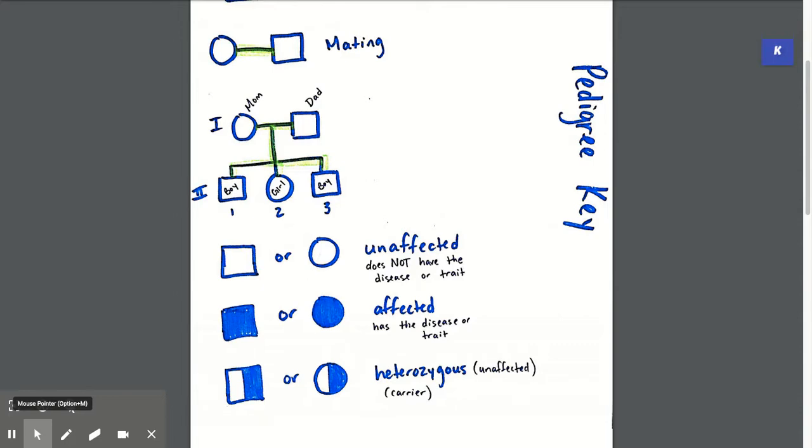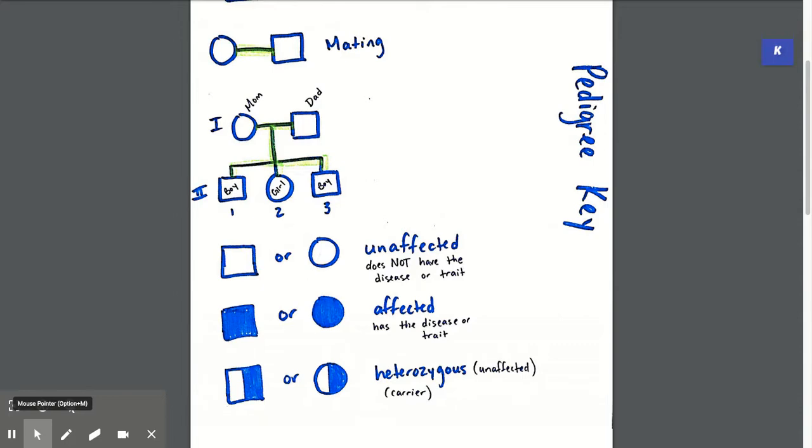A square or a circle that is filled in completely is an affected individual. That means that individual has a particular disease or trait.